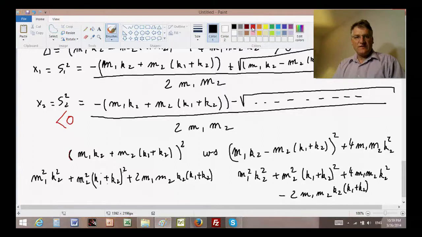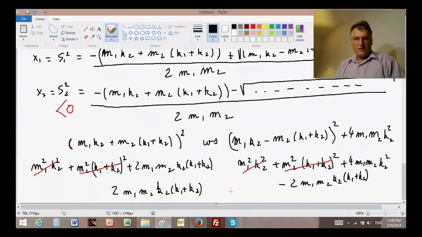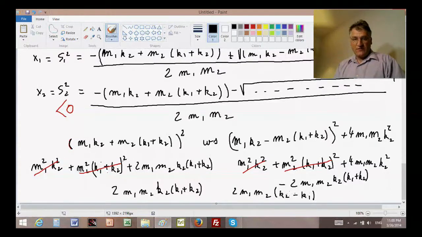So comparing these two quantities is equivalent to comparing the same quantities where I suppress the identical terms, and I obtain on the left side 2m1 m2 k2 times k1 plus k2, and on the right hand side 2m1 m2 times k2 minus k1, I believe, times k2.